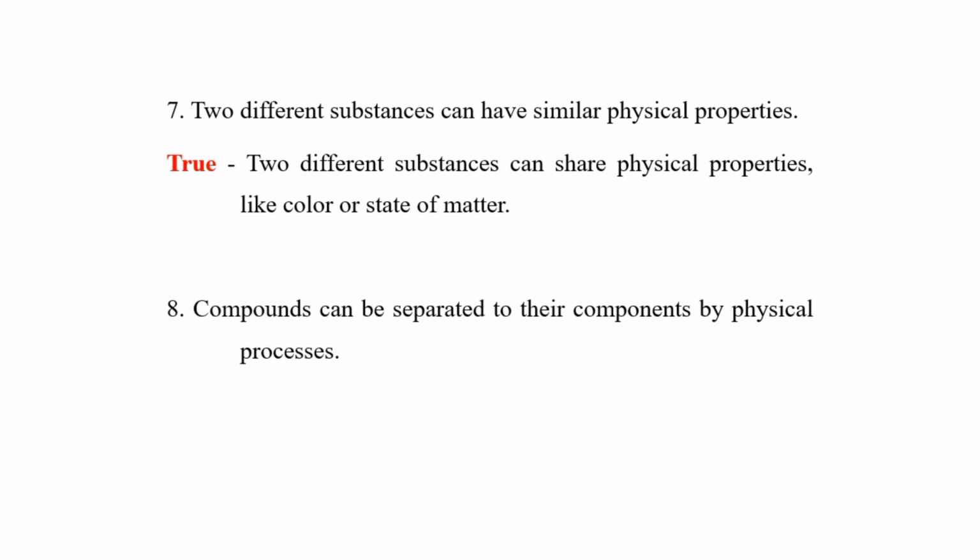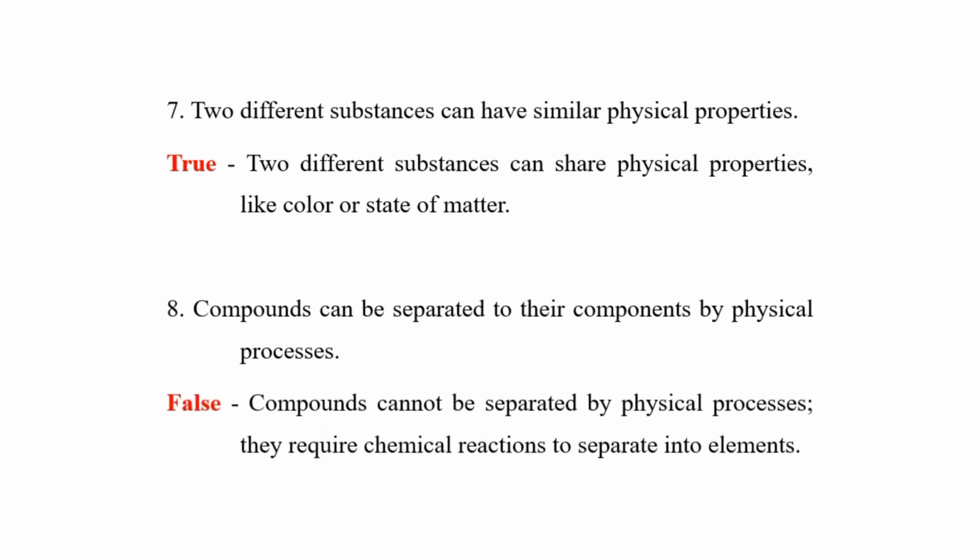Question number 8. Compounds can be separated into their components by physical processes. The answer is false. Compounds cannot be separated by physical processes. They require chemical reactions to separate into elements.